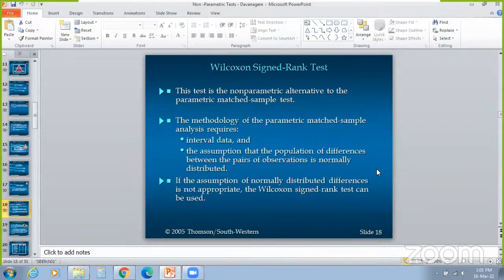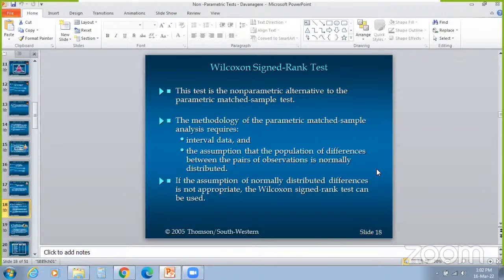If your variables are qualitative or ordinal, you have to use the counterpart of the matched pair test, namely the Wilcoxon signed rank test. Ranks are assigned to the signs and the two variables are compared in terms of the signs. Hence it is called the signed rank test, developed by the statistician Wilcoxon.